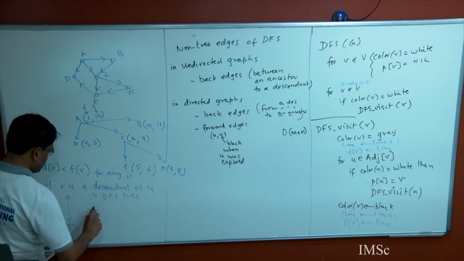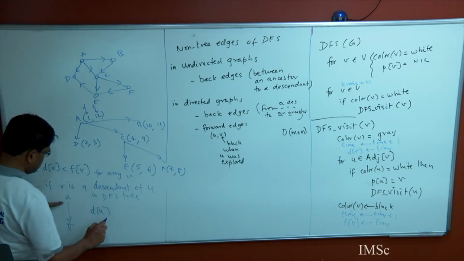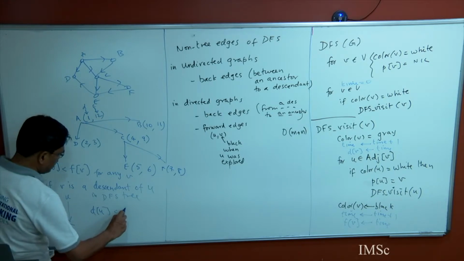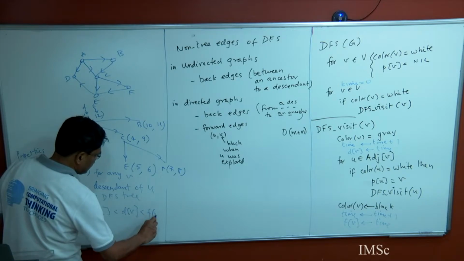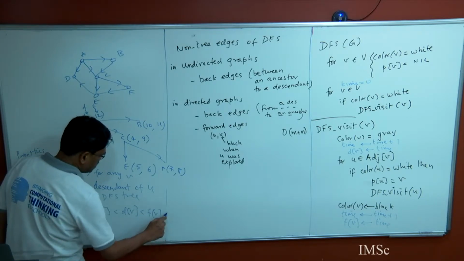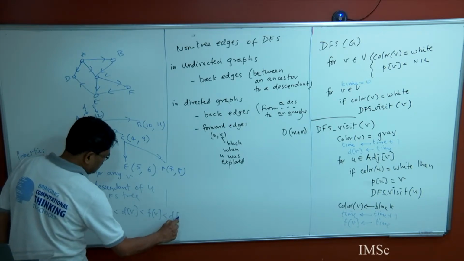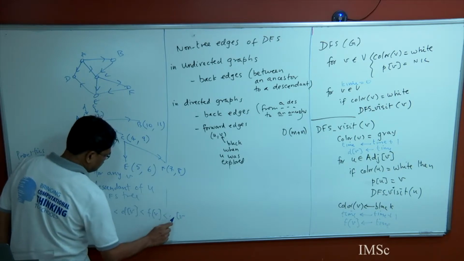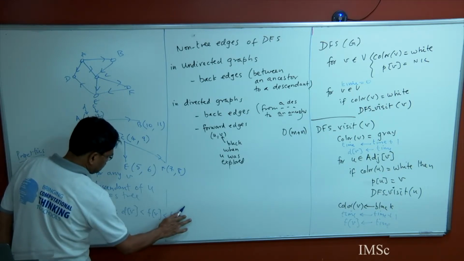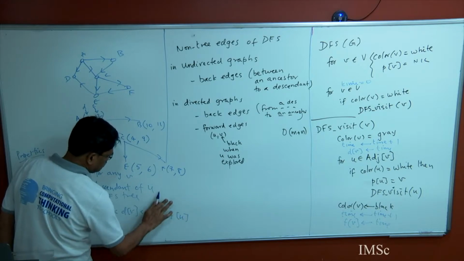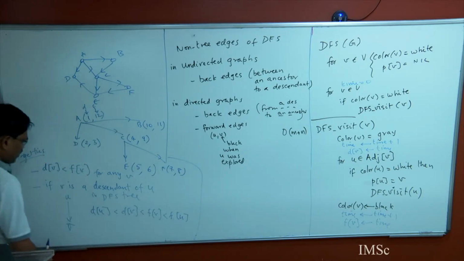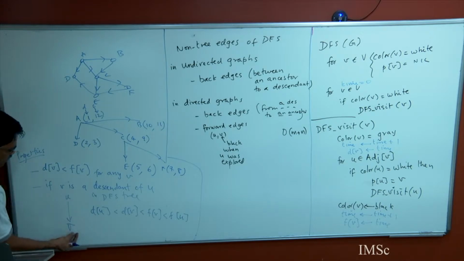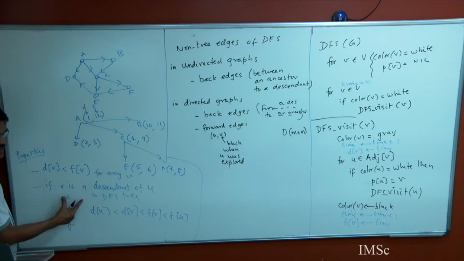What I want to claim is, you discover U first, and then you discover V, and then you finish V, and then you finish U. So the D-F interval of V is sitting entirely inside the D-F interval of U.